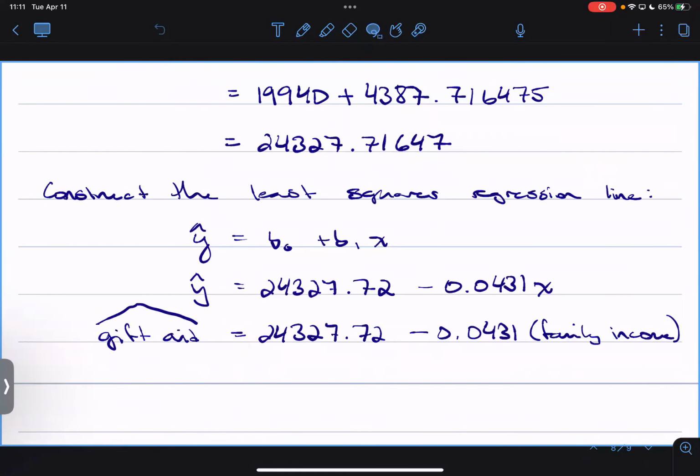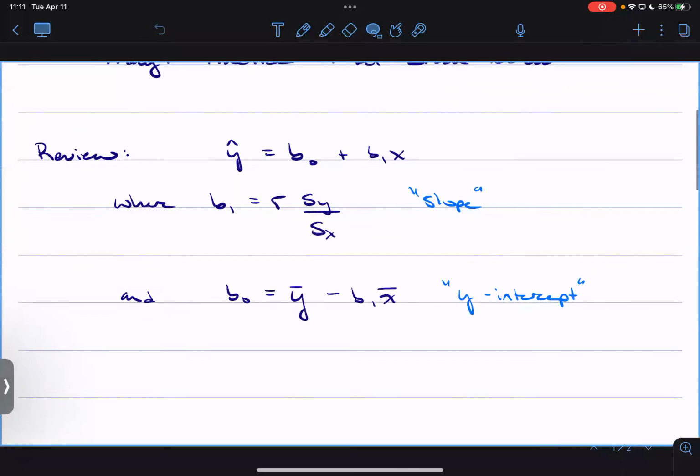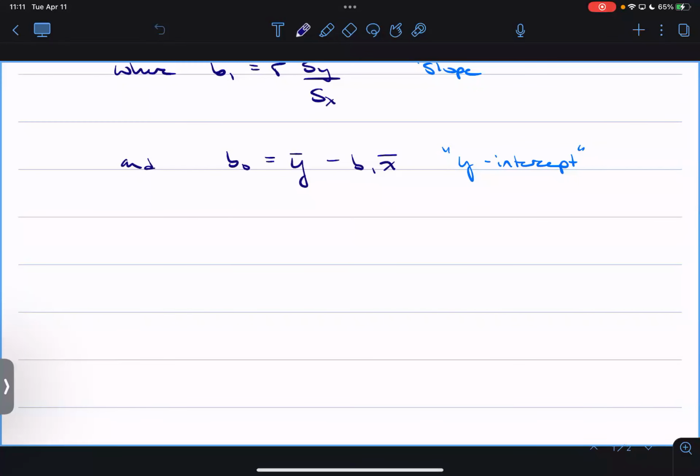We're going to pick up where we left off, continuing the gift aid example from last day.